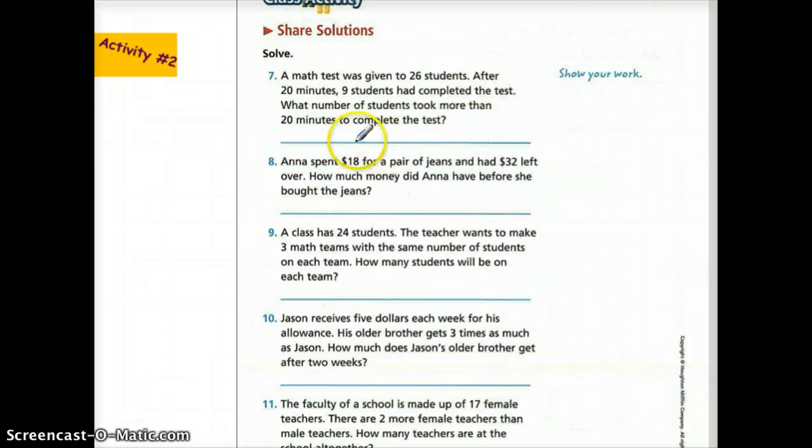So I started with 26 students. After 20 minutes, 9 completed it. So 9 are done. I want to know how many are left or took longer than that. So 26 minus 9 equals the number of students. So S equals 17.